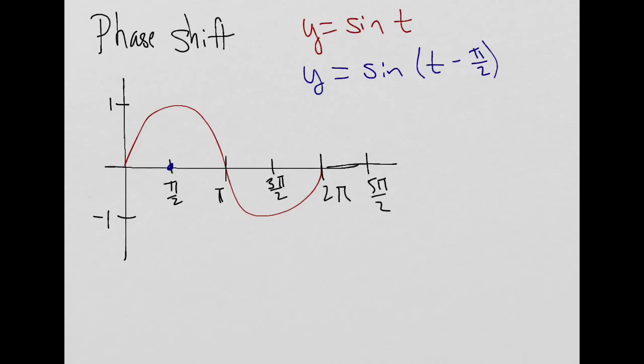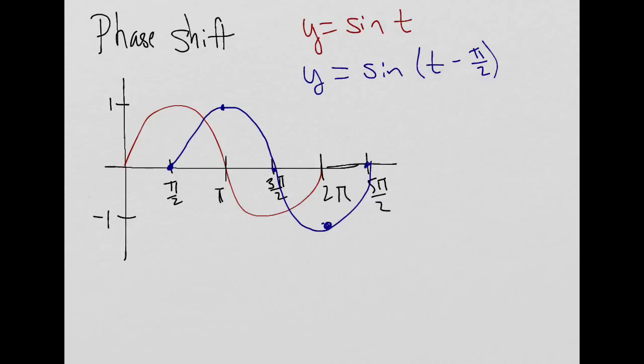So I'm going to get a point up here, a point here, a point here, a point here. This is why I had to go up to 5 pi over 2. Connect the dots there. Pretend I can draw. So I was able to shift horizontally by adding or subtracting some value from t here.